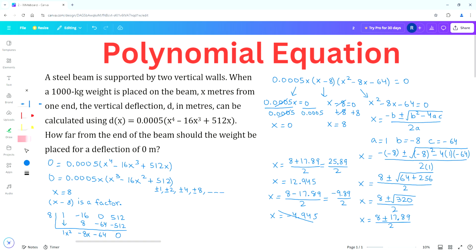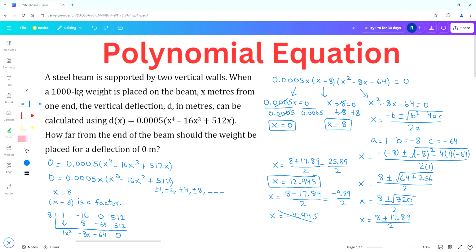Therefore, there are three valid solutions for the equation: x equals 0, x equals 8, and 12.945. And the unit is meters.